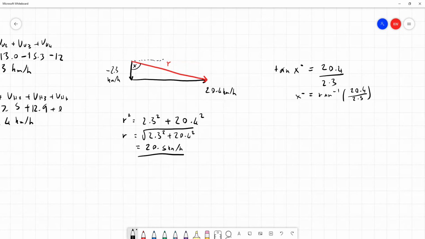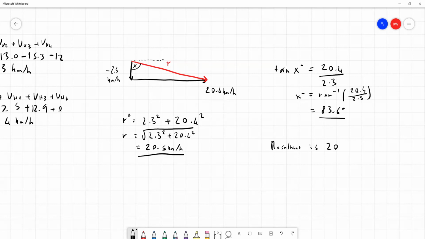Now you may wish to calculate this beforehand, but it can save some rounding if we put it straight into our calculators. And the angle we get here is 83.6 degrees.